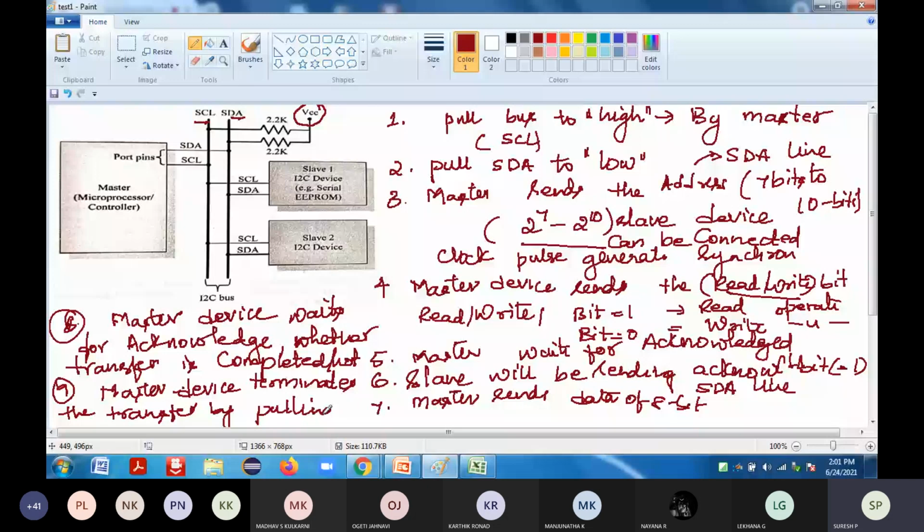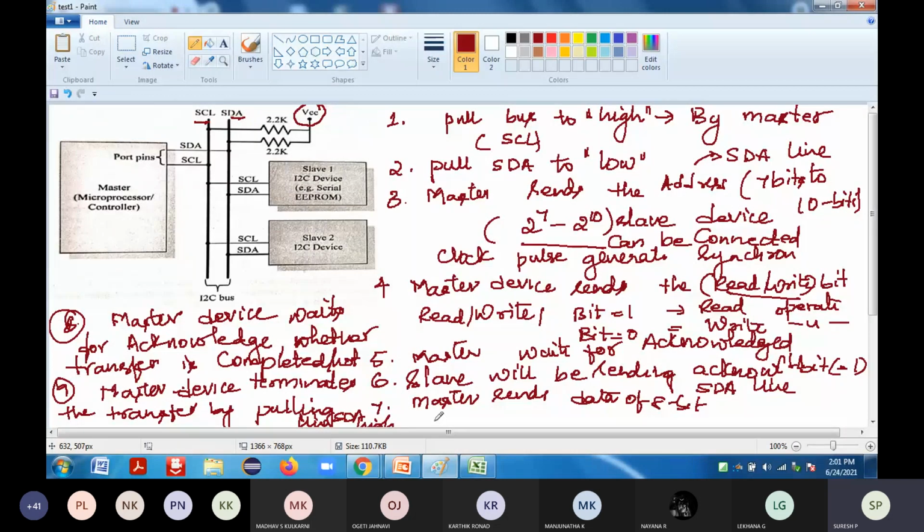Then, if it places the clock line SCL at a logic high, it indicates a stop condition.